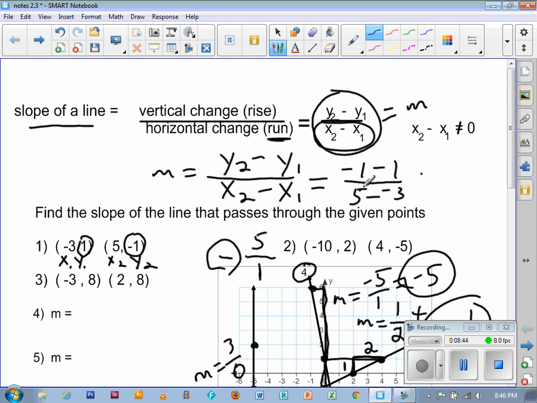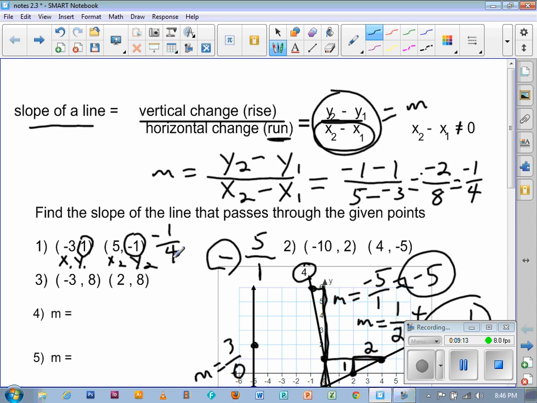As you can see here, there's a minus that comes to us with the formula. Also, make sure you put your y's on top. So we got a negative 1 minus 1 on top, and 5 minus a negative 3. If we simplify this, that turns into negative 2 over 8, which can be simplified down even further to a negative 1/4. So our slope in number 1 is a negative 1/4. That would be the slope of our line.